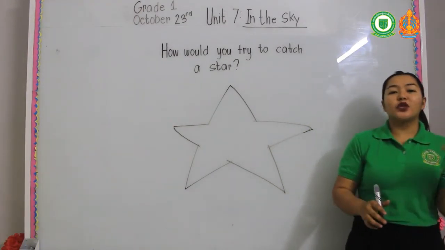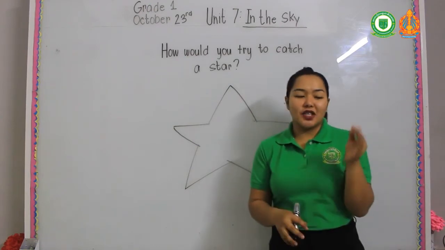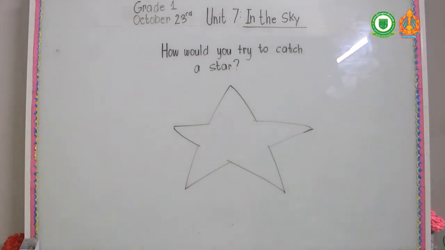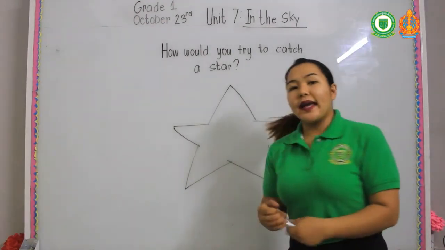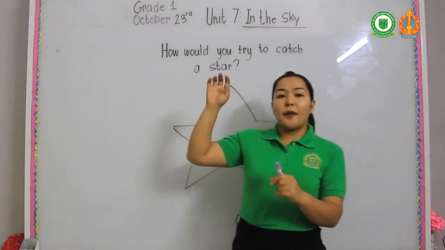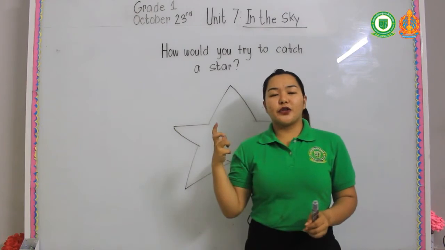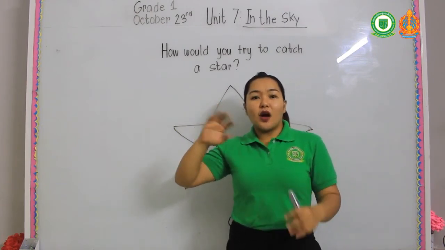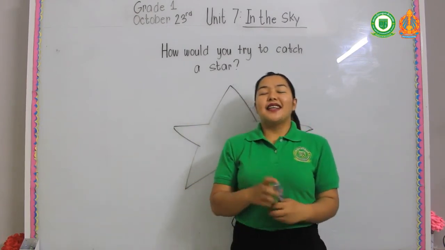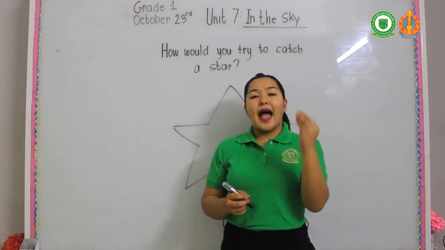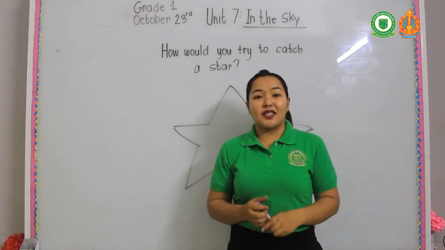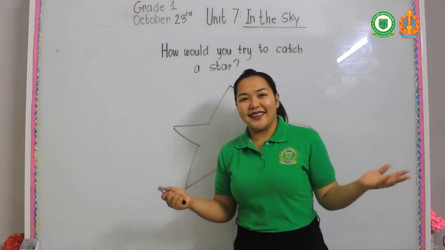Okay, so in the story that we read, the boy will climb at the top of the tree. He will also try to catch a star with his hands. So how about you? How would you try to catch a star? How will you do it?